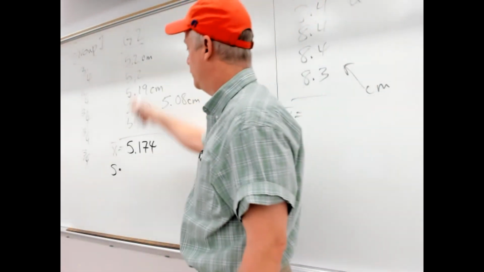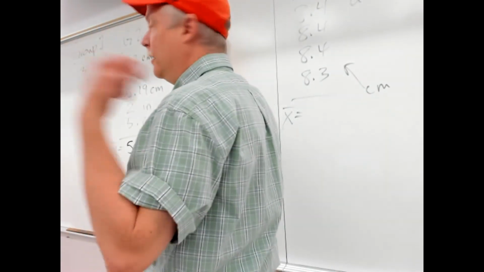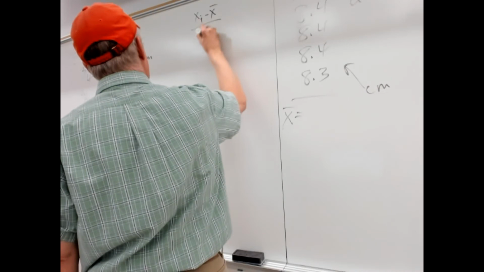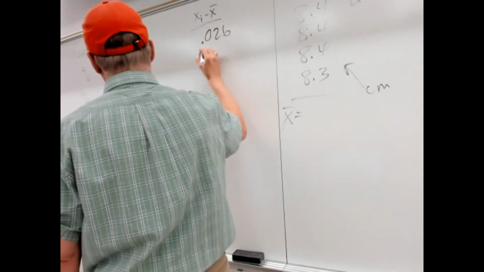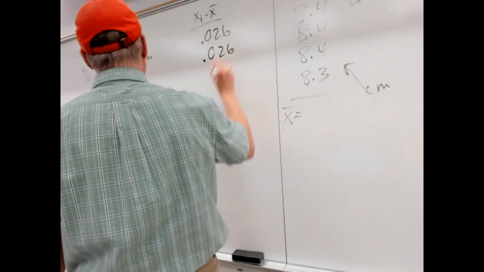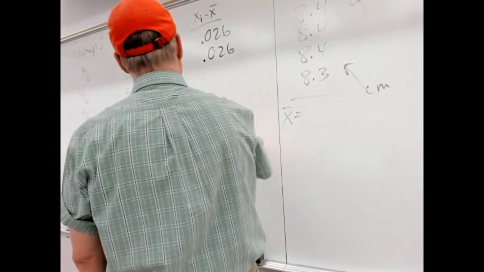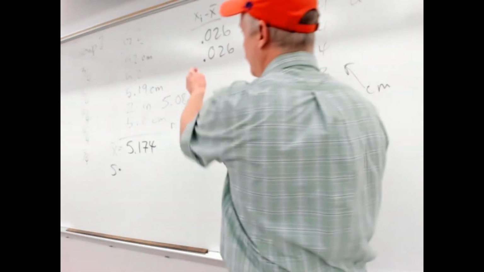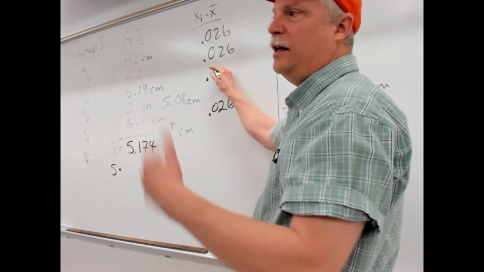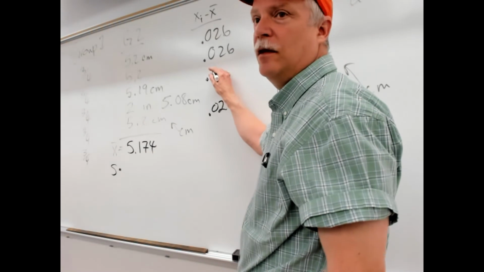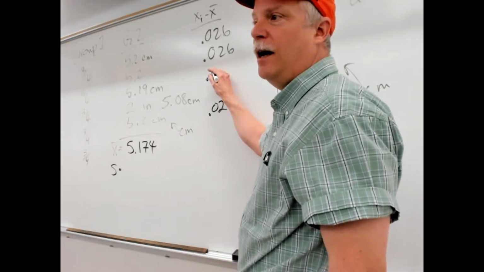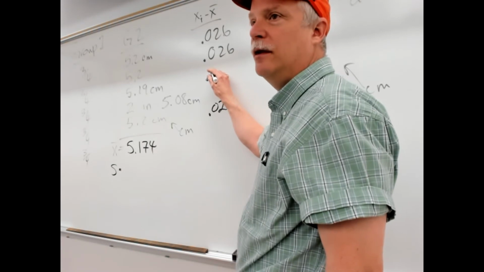So somebody do 5.2 minus this quickly. 0.026. So this was also here, 0.026, and then down here, 0.026. Someone do the 5.19. I could do it in my head, but when I'm trying to teach, I can't do math in my head. If you've TA'd, you know what I'm talking about. Can't add 2 numbers when you're at the board.